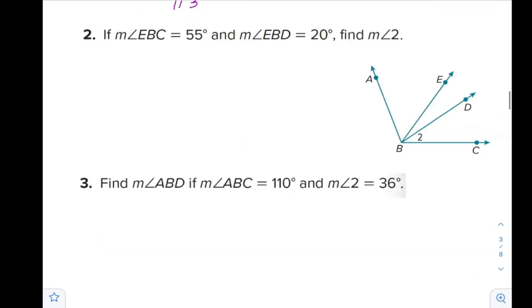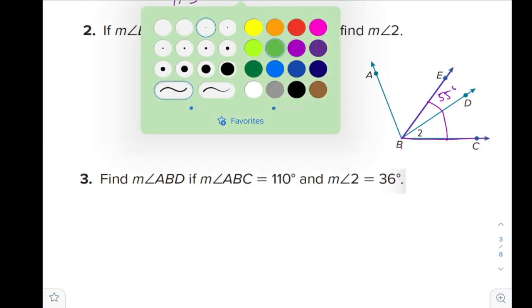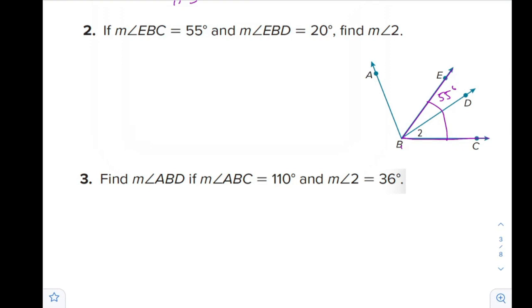The measure of angle EBC, from here to here, is 55. Let's choose another color. The measure of angle EBD, the smaller interior one, is 20. He is asking for angle 2.